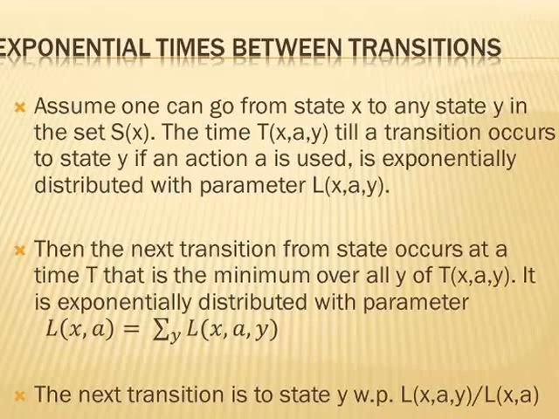So assume that one can go from state x to any state y in the set S of x. And now we assume that transitions here are exponential. So the time T(x,a,y) till the transition occurs to state y, if an action a is used, is exponentially distributed with parameter L(x,a,y).